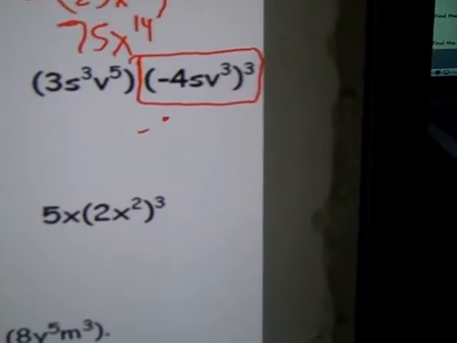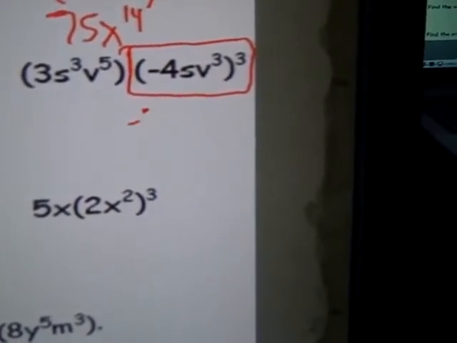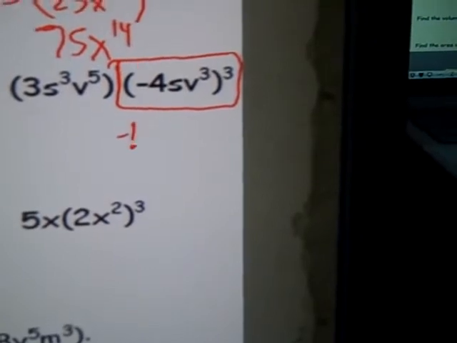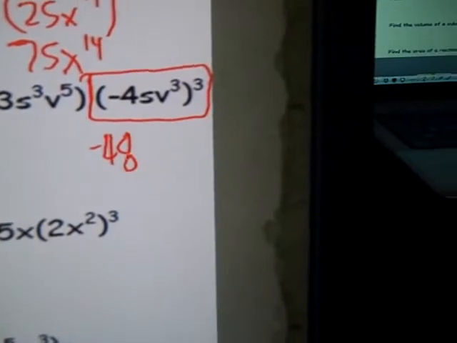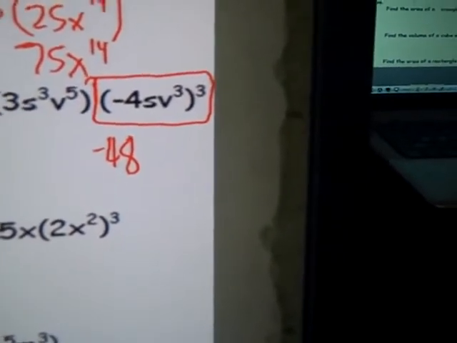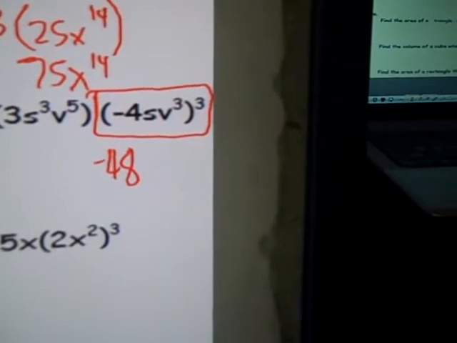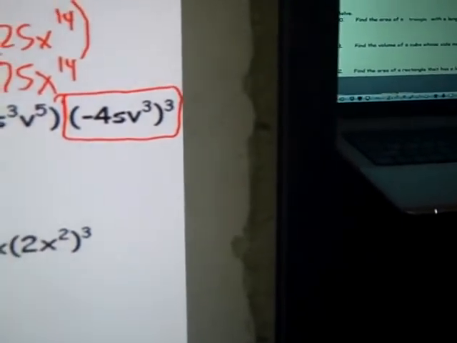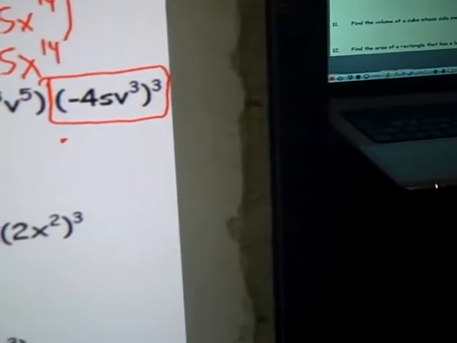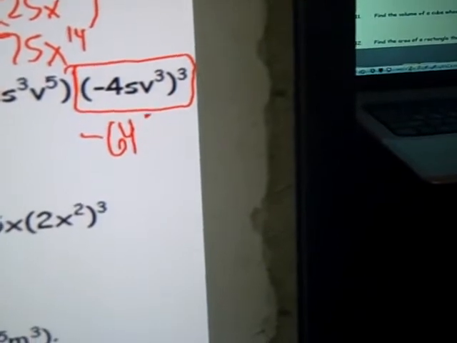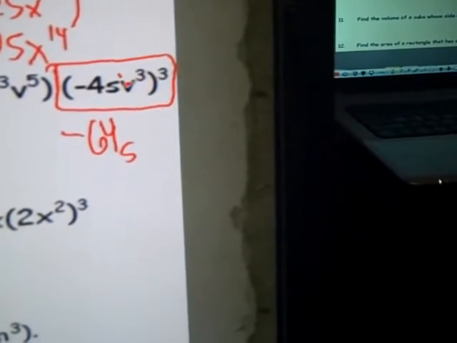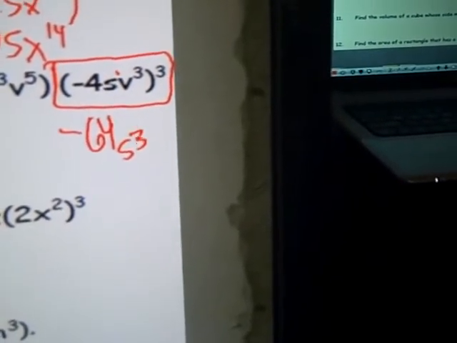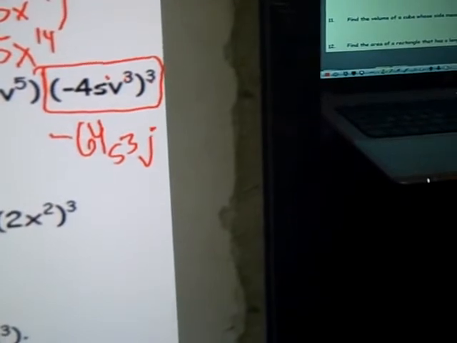That gives us negative 64. Then s is to the first power, and we're going to cube that, so 1 times 3 is 3. Now b, 3 times 3 is 9.